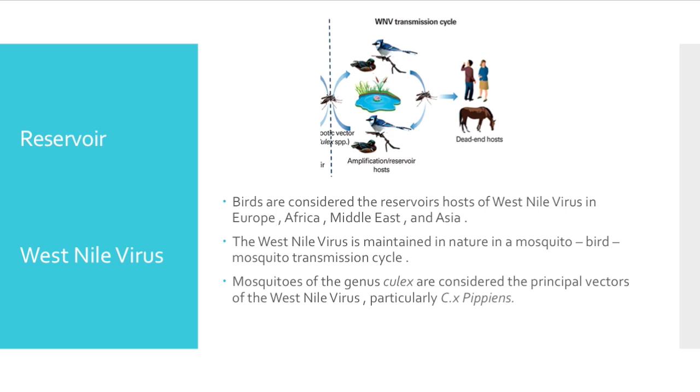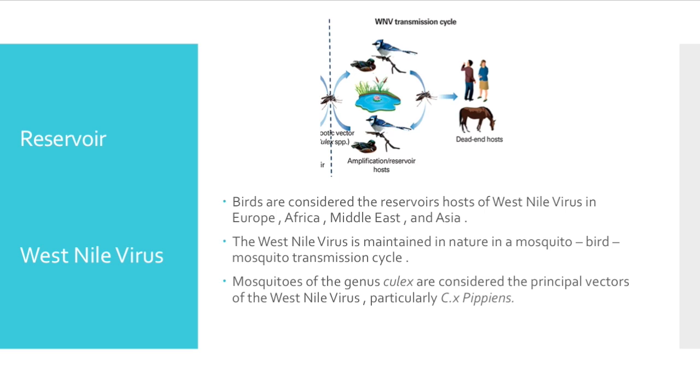Something to really know about the West Nile virus is that birds are considered the reservoir host of West Nile virus in Europe, Africa, the Middle East, and Asia. The virus is maintained in nature in a mosquito-bird-mosquito transmission cycle, so that's how the virus is able to survive from bird to mosquito, and so forth.